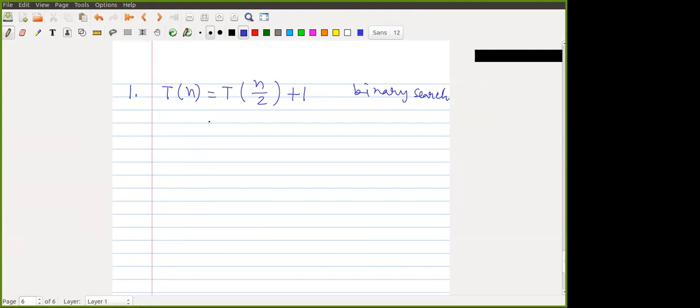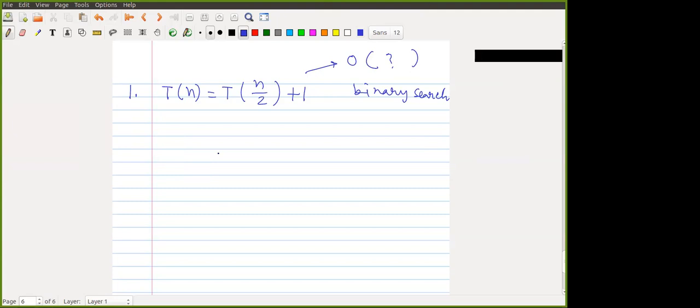Now, suppose you have designed an algorithm and somehow this recurrence has come up. You want to say something about the order of this thing. Of course, you want to give as tight a bound as possible.